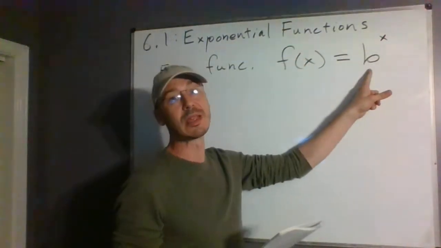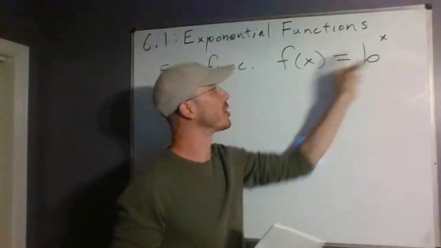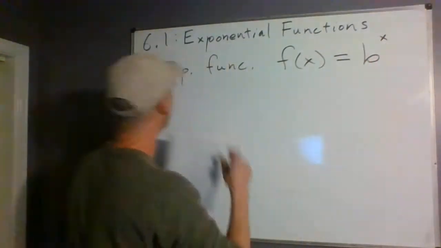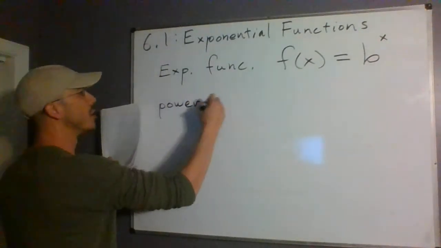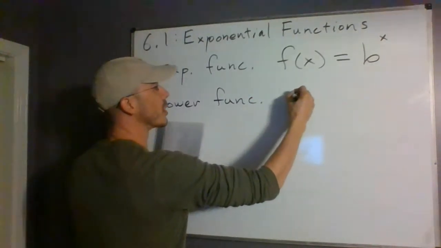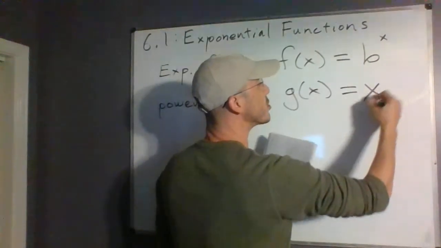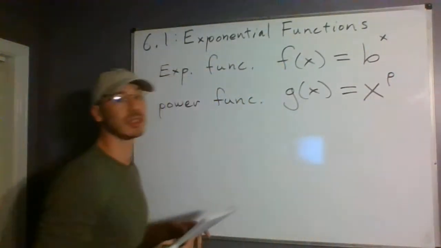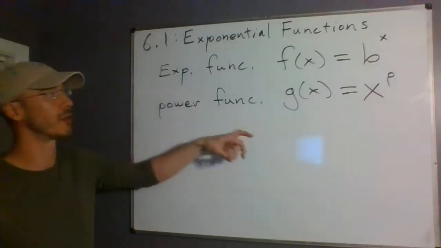B is for base, and the x is the exponent, but it's the variable x. Compare this to the type of function that we've already seen, the power function. I'm going to call that g of x, that has x raised to a power. So here's the difference, and this is why an exponential function is a very different type of function.